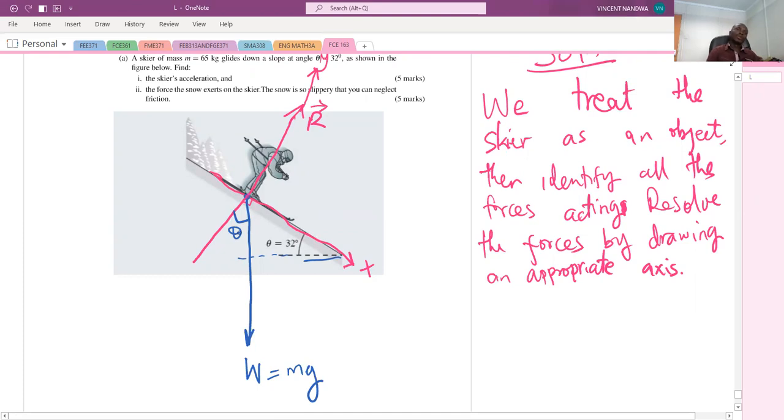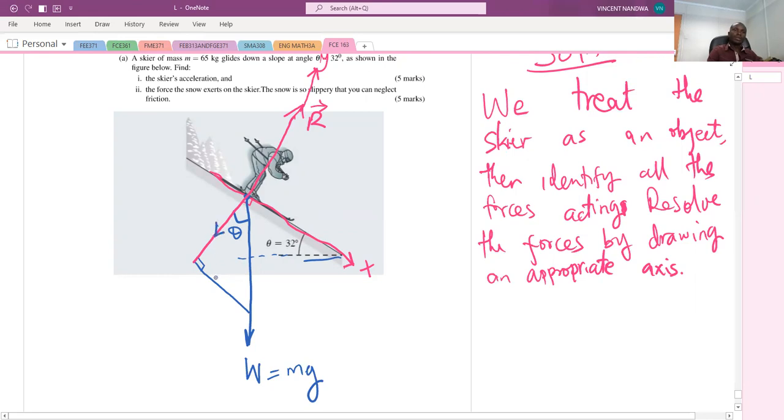So what we do, we draw a triangle, where this is 90 degrees, and this is how the forces are acting.